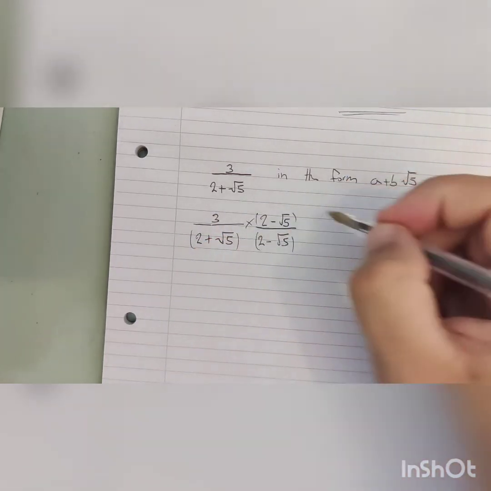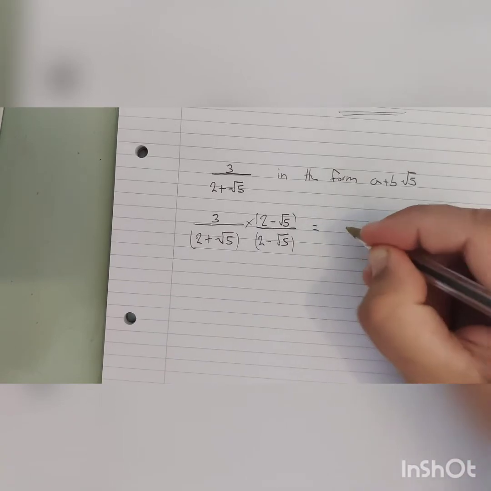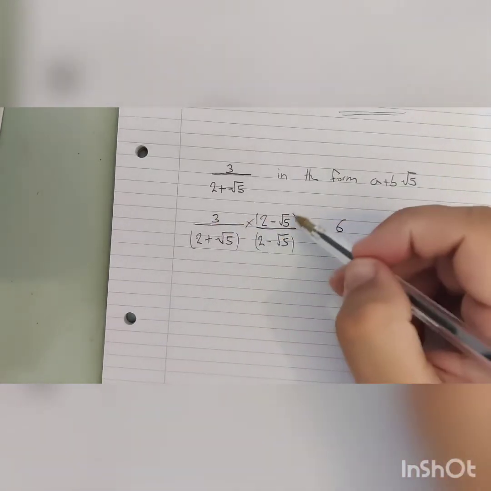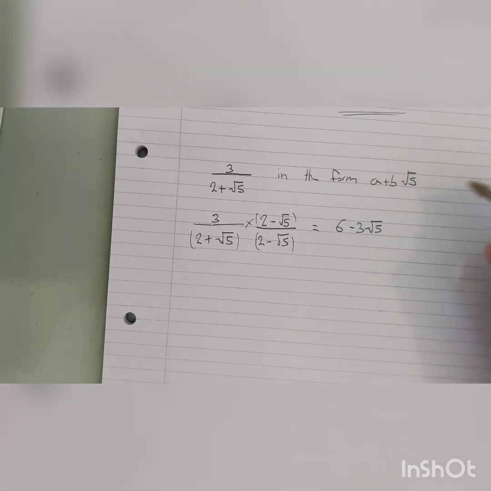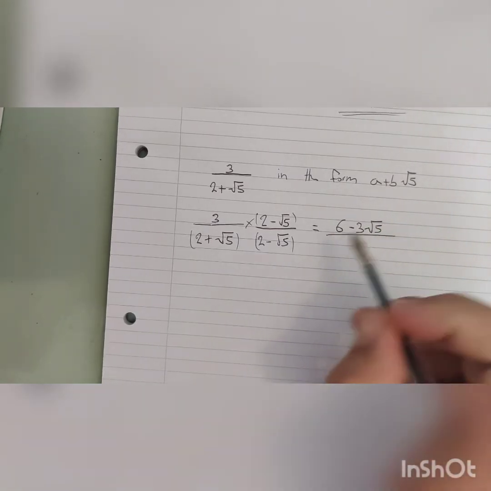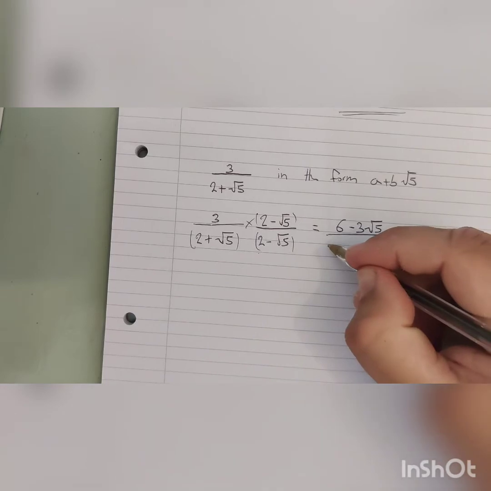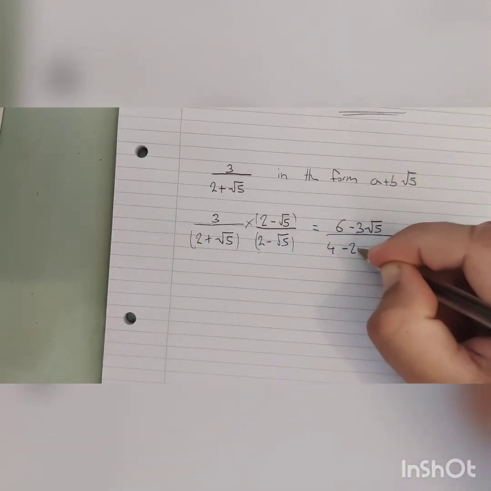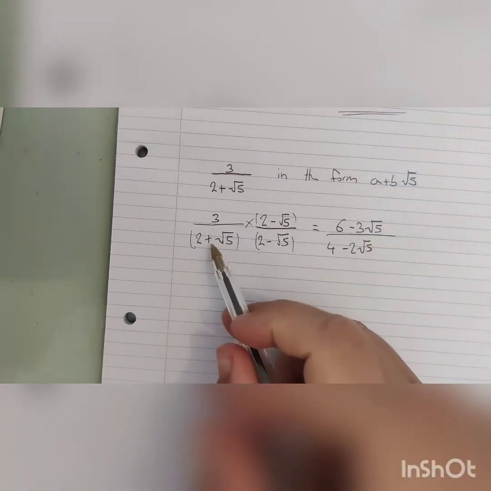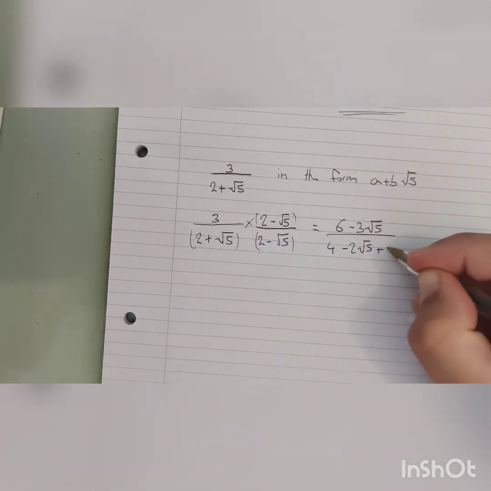Multiply it across, so that means 3 times 2 equals 6. 3 times minus root 5 is minus 3 root 5, over 2 times 2, 4, 2 times minus root 5 is minus 2 root 5, then root 5 times 2 is plus 2 root 5.